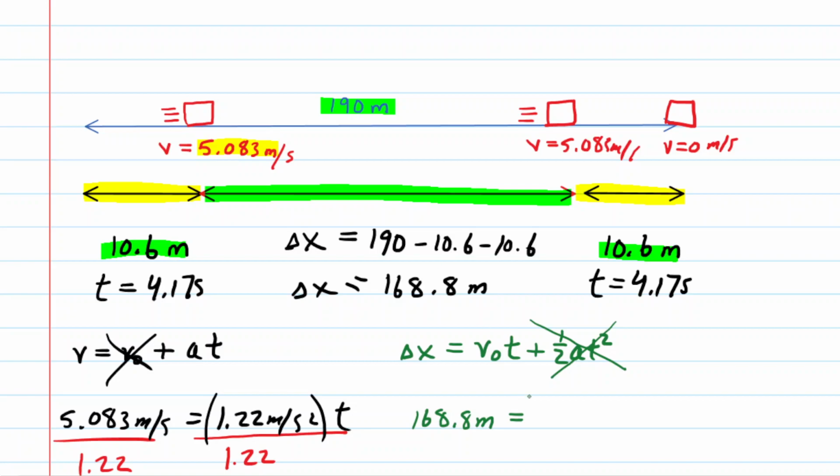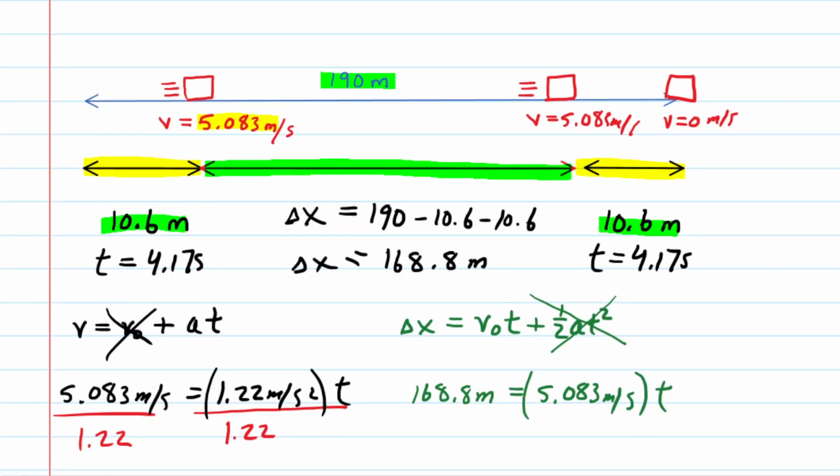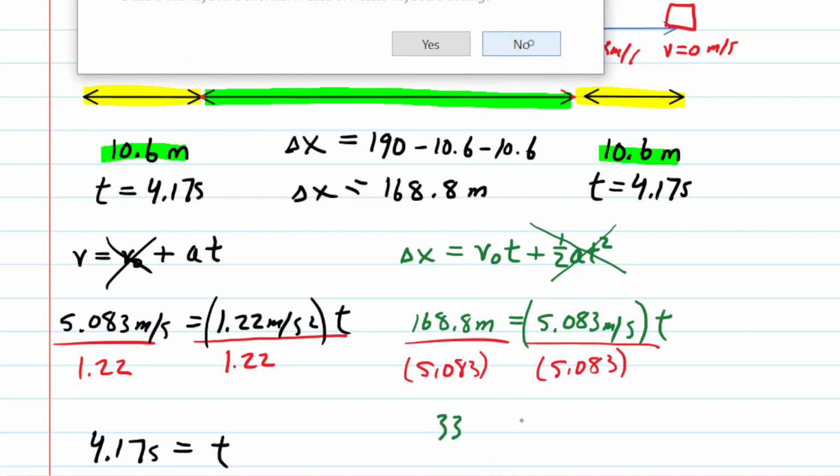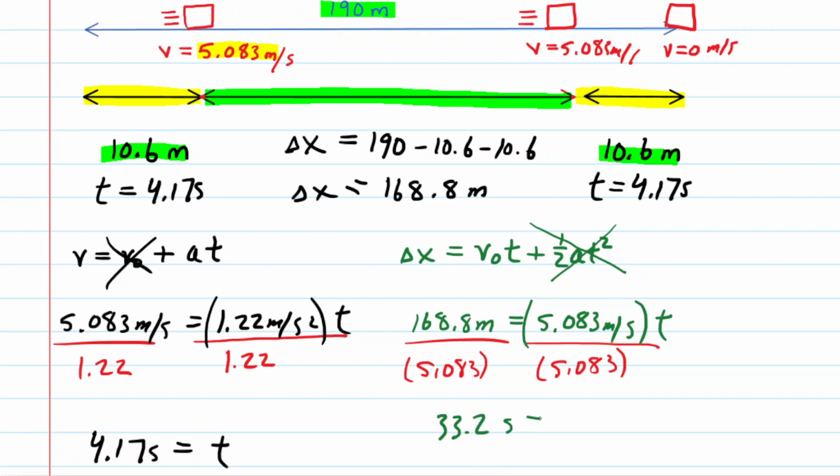The velocity, we know, is that constant 5.083 meters per second, and then that's going to be multiplied by time. We could divide both sides of that by the 5.083. And when we do that, we get a time of 33.2 seconds. That is how long the elevator cab is traveling for the mid-segment.